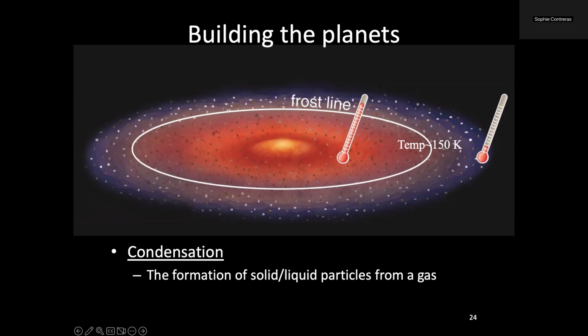The gas is gas. So in this region here, you get too close, the only stuff I have is rocks and metal. And once I get cold enough, I pass what we call the frost line, right? The snow line. And now I have ice. And I can build the planet with ice. Okay?